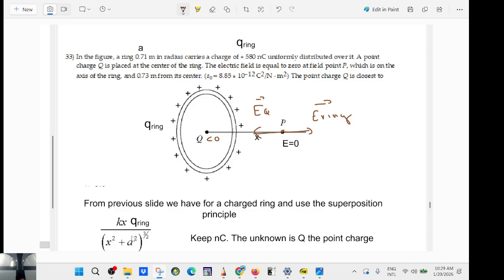Okay, so you can help each other. What do they want? They want the charge Q. You can talk to each other, help each other.